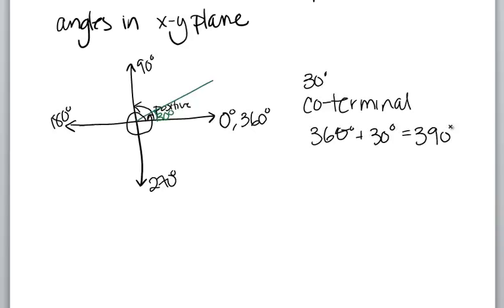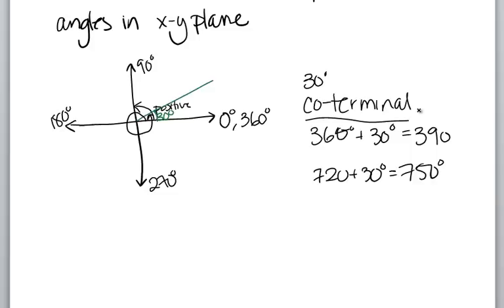And I can go around again. Another 360 would be 720 plus 30. Another coterminal angle of 30 degrees is 750 degrees. So 30 degrees, 390 degrees, and 750 degrees are all what are called coterminal angles.